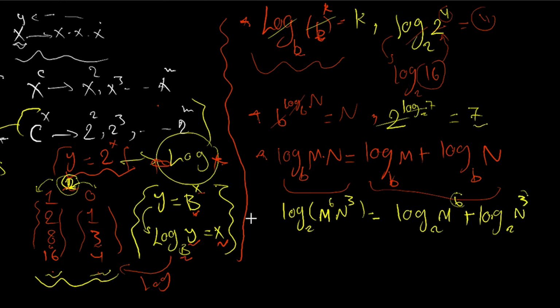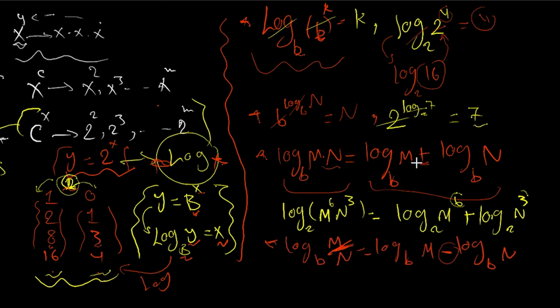Let me give you one more property that can be really handy and powerful as well. You can see here subtraction corresponds to division, and addition corresponds to multiplication. And the last one: taking the power, the term as a constant, and then doing log b of that m.